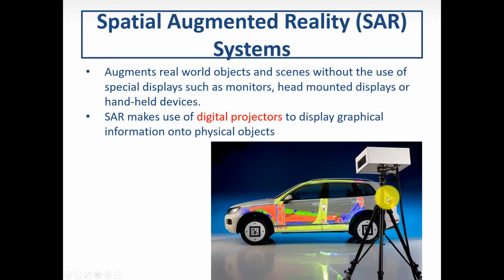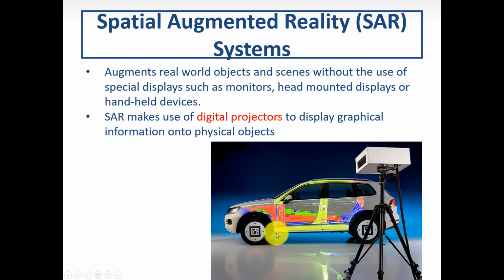We can also have in production the so-called spatial augmented reality or SAR systems. These are projectors. We are projecting, enhancing the reality of a real object, a 3D object, and then we are enhancing it by adding some kind of information.